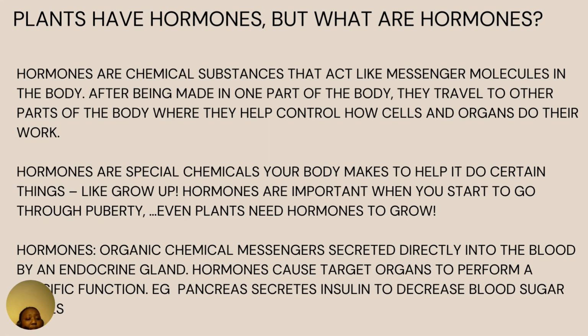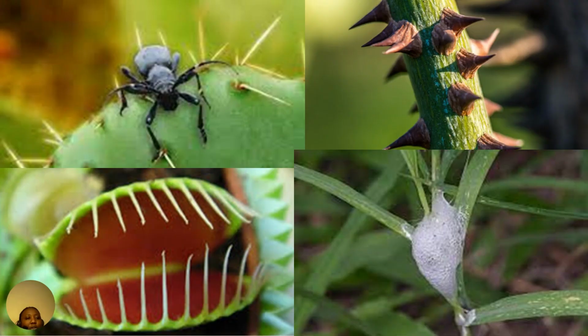These hormones are also responsible for bringing about defense mechanisms. If you look at the pictures on your slide, in one picture there are thorns, and in the other there's a secretion of some sort.